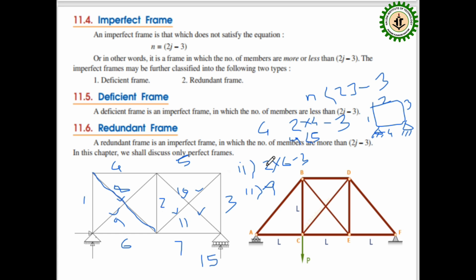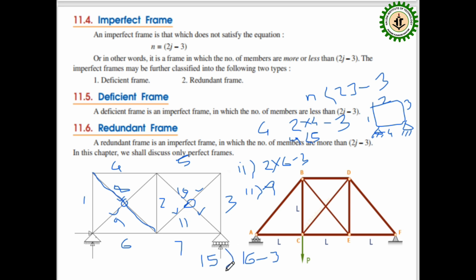So now we'll consider the number of joints. The number of joints is 1, 2, 3, 4, 5, 6, and now this one 7 and 8. So 2 into 8 is 16, minus 3, so 16 minus 3 is 13.